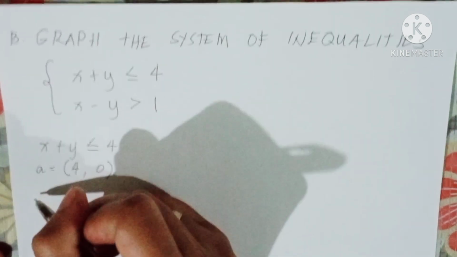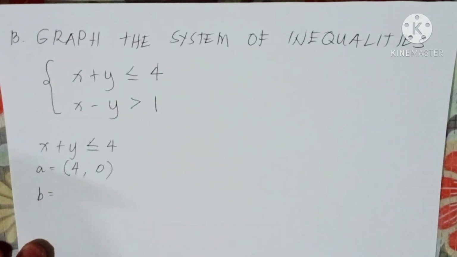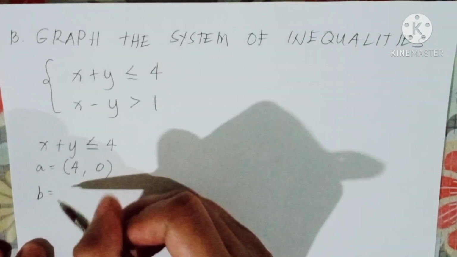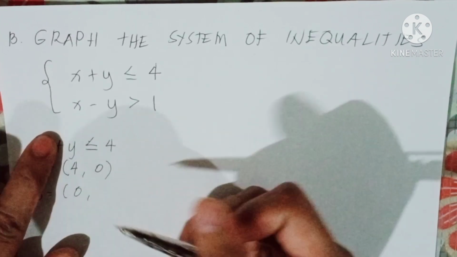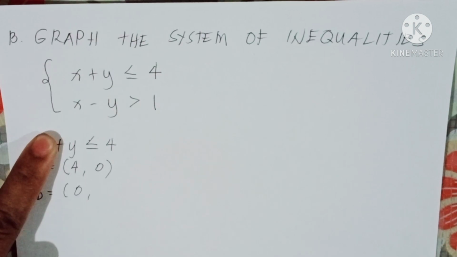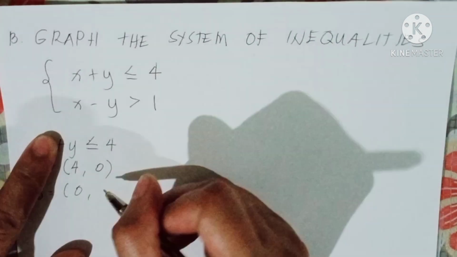So that is 4, 0. And B is for the y-intercept. So we set x as 0, then that will give you 4.